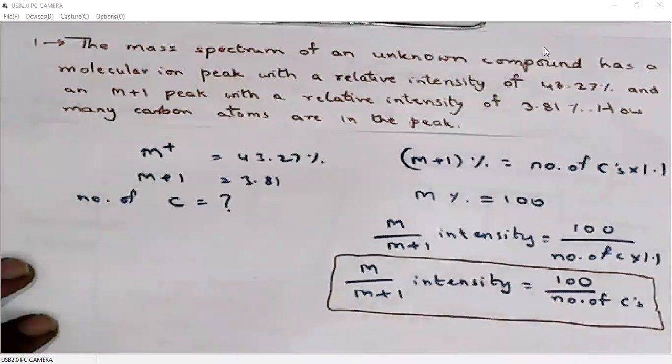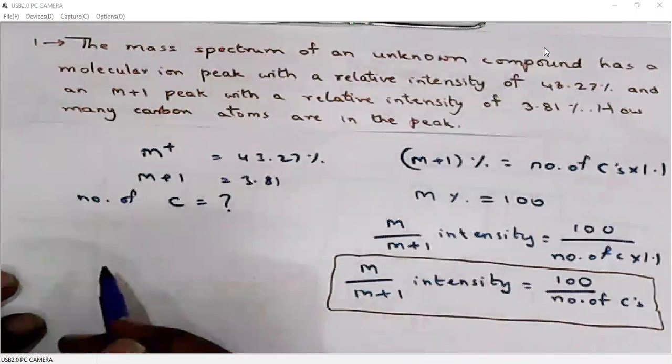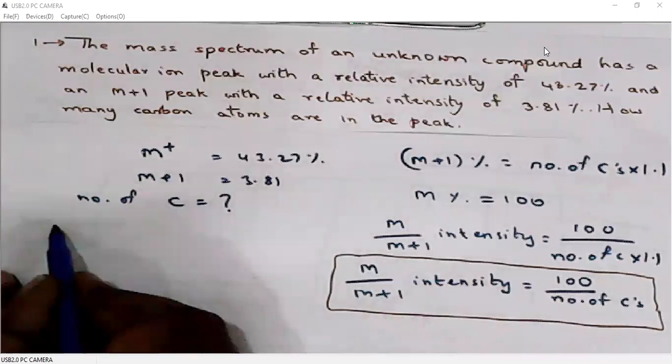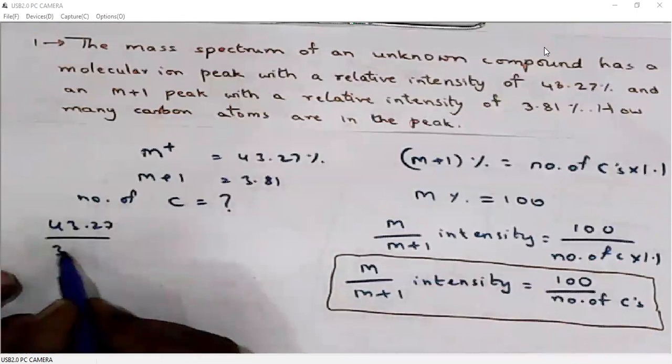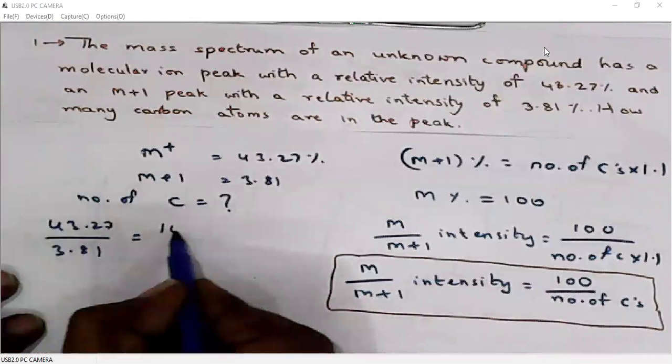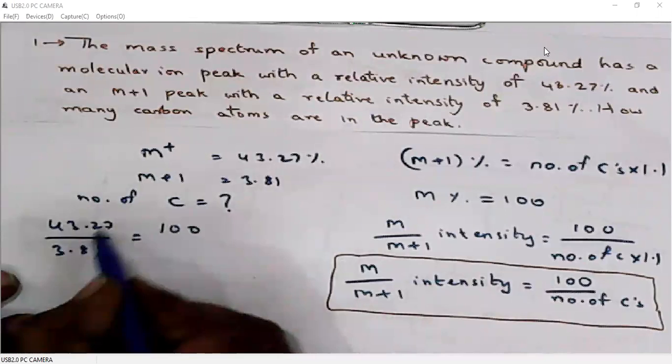Coming to this problem, the M peak intensity is 43.27% and the M plus 1 peak intensity is 3.81%. Both percentages will get cancelled, not a problem.